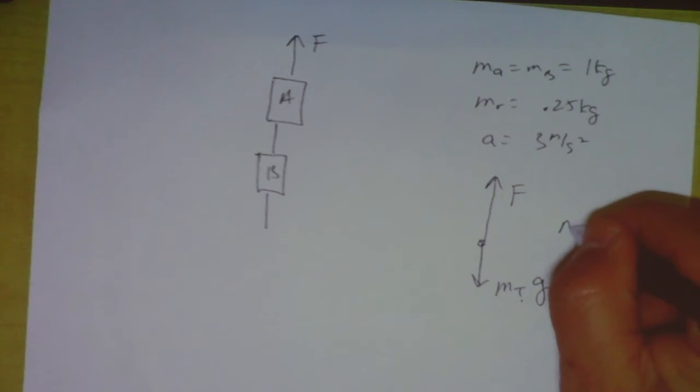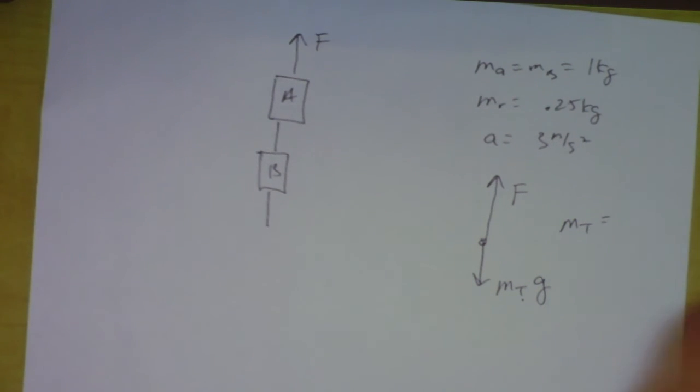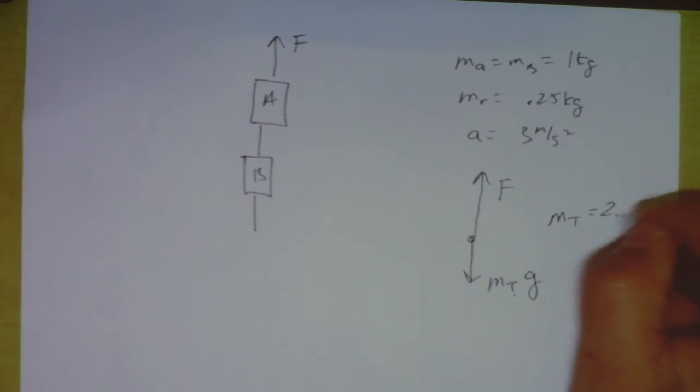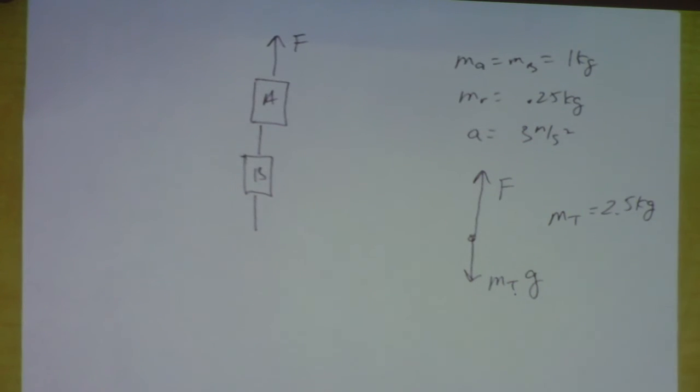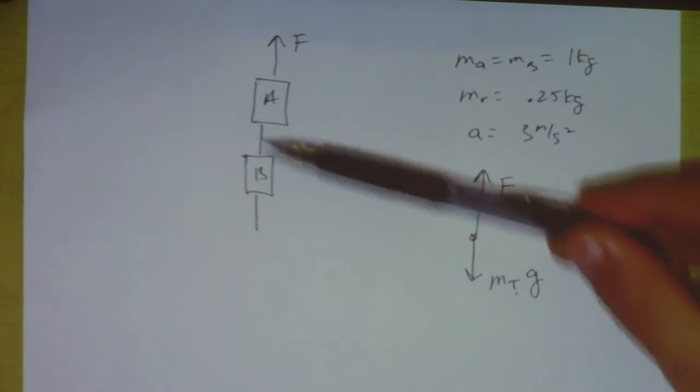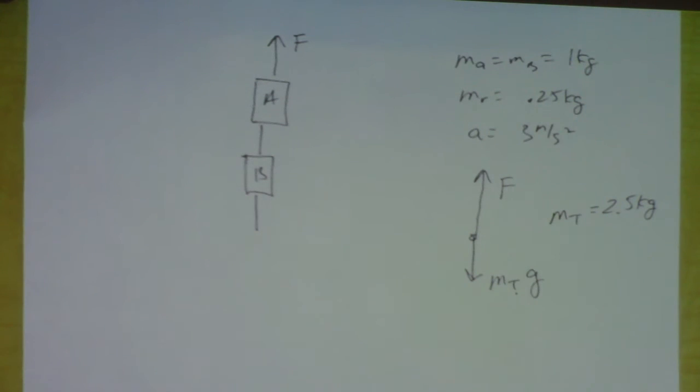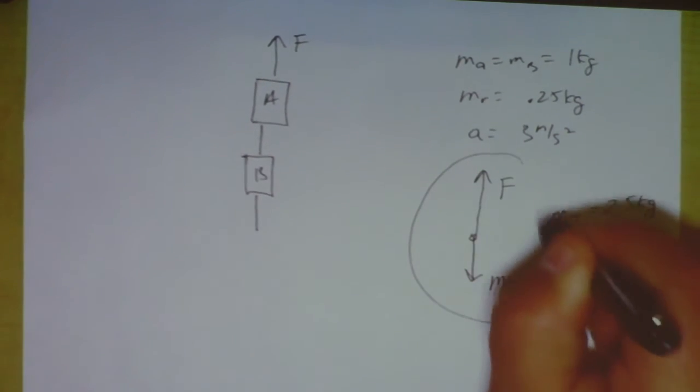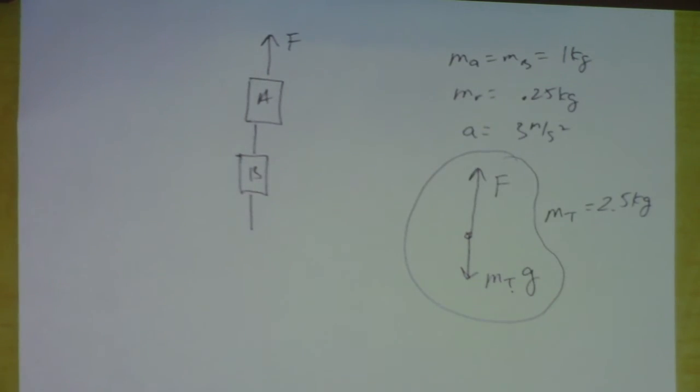So the total mass is 2.5, it looks like. So 1 plus 0.25 plus 1 plus 0.25. So 2.5. So looking at it as a system, this is what I have. Those are the only forces on the system.